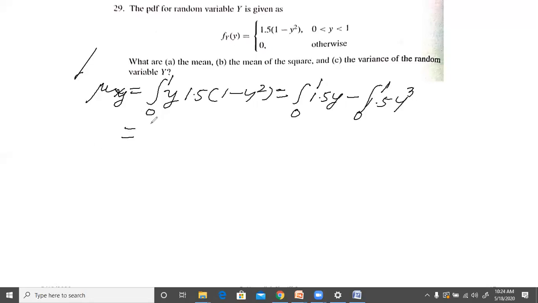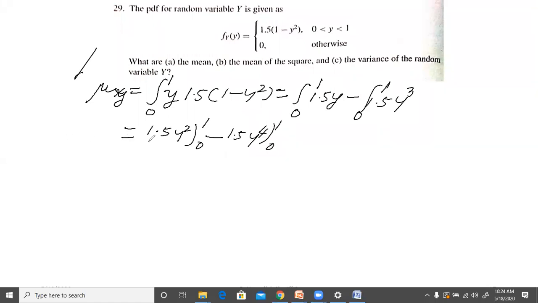You can take a pen and paper and try to solve this yourself also. So this will turn out to be 1.5 y square with limits 0 and 1, minus 1.5 y to the power 4 with limits 0 and 1.